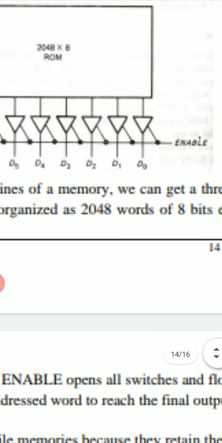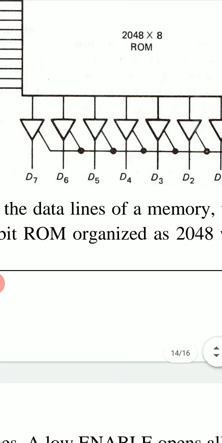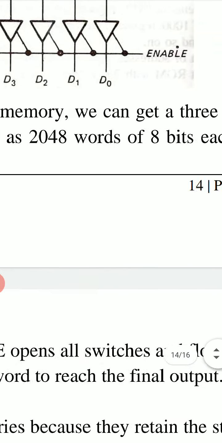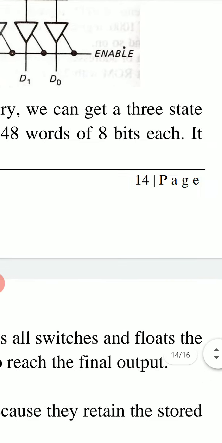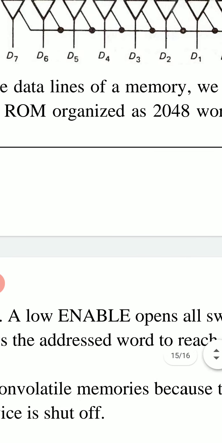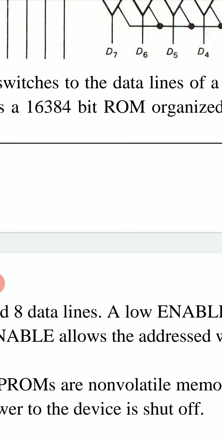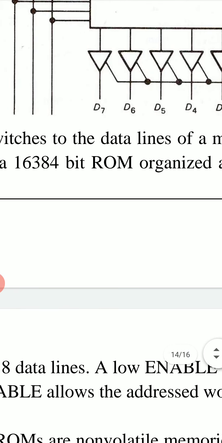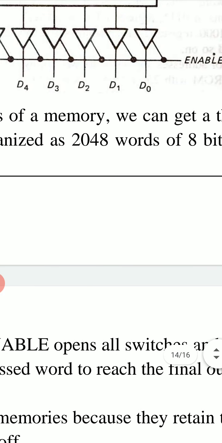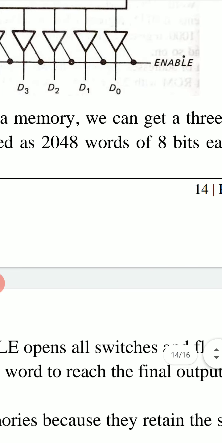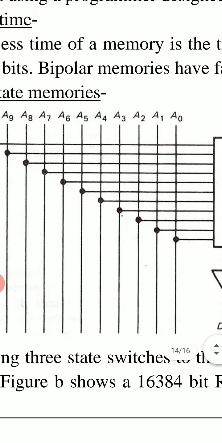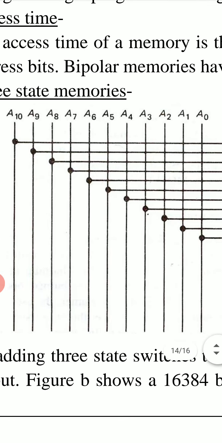So we call this memory 2048 into 8, that is 16384-bit ROM. 16384 comes from 2048 into 8, and 2048 comes from 2 to the power 11 because we have 11 address lines.